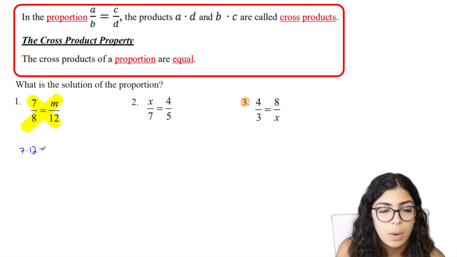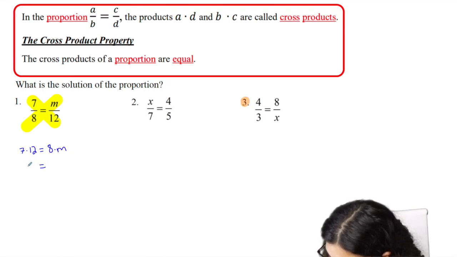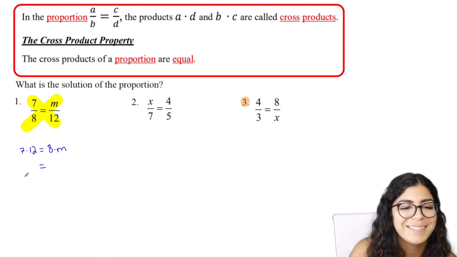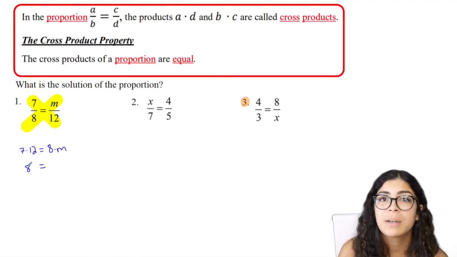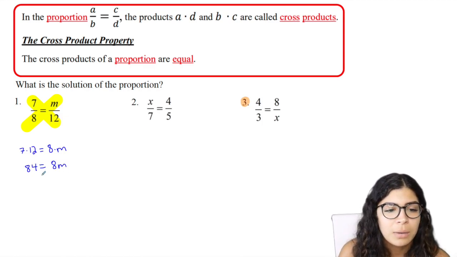Well, 7 times 12 is 72, I think. Nope, 84. And 8 times m, of course, would just be 8m. Now, because this is an equation, we can actually solve for m by dividing 8 on both sides. So m equals 84 over 8.